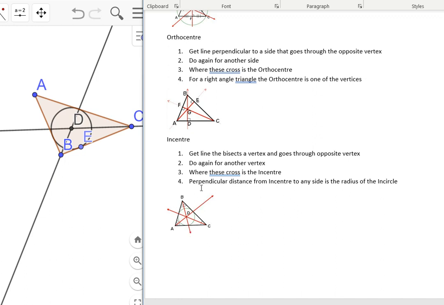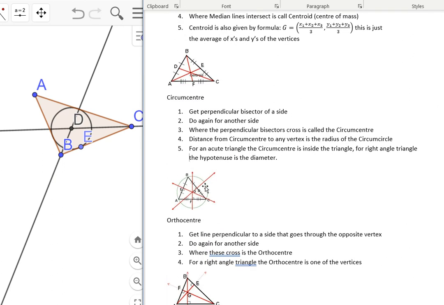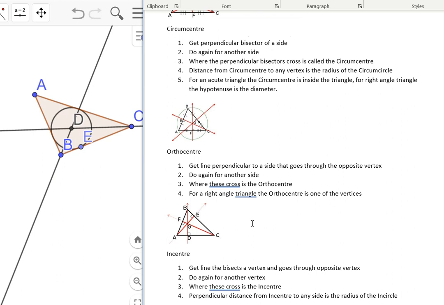Do that twice, and where those two lines intersect is going to be the location of our incenter. And again, we'll come to the maths of how to do that later on. But these three here, our centroid, our circumcenter, and our orthocenter, you know how to construct, and you know how to follow the steps to, or figure out the steps to do the same thing as your construction algebraically.